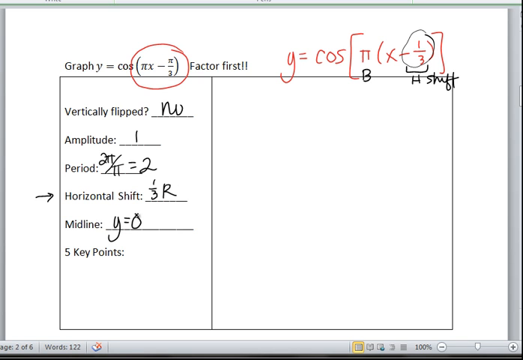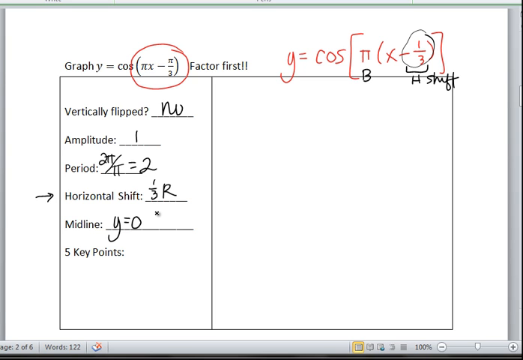Okay, now that we've pulled all that out, now the fun begins, because we need to set up our graph, and the most challenging part, I think, is our quadrantal angles, because not only have we changed the period to 2, that's actually not that bad, we've shifted our graph so that the period that we're going to graph starts 1/3 to the right.